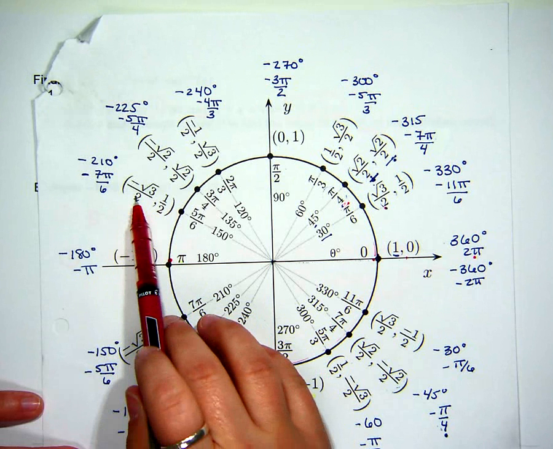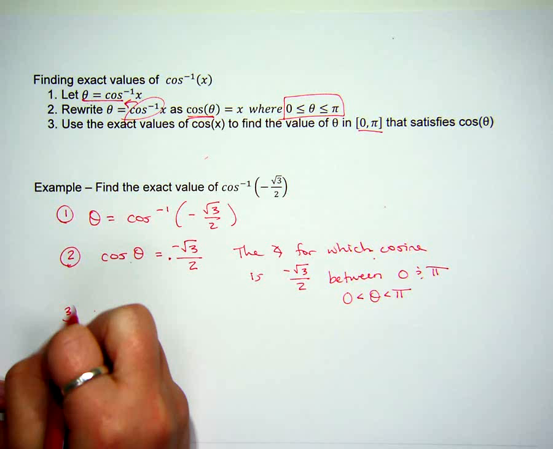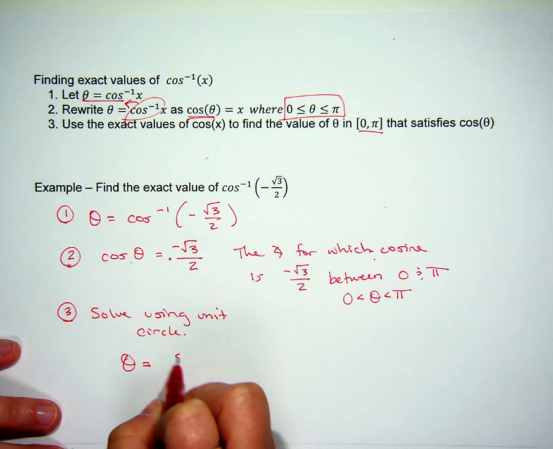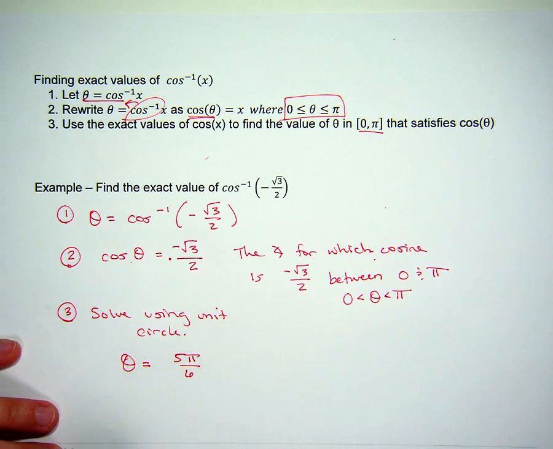So this is the only one, at 5 pi over 6, where the x is -√3/2. So that means solve using unit circle, and we found that the theta value we got was 5 pi over 6. So that means that cosine inverse of negative square root of 3 over 2 is equal to 5 pi over 6.